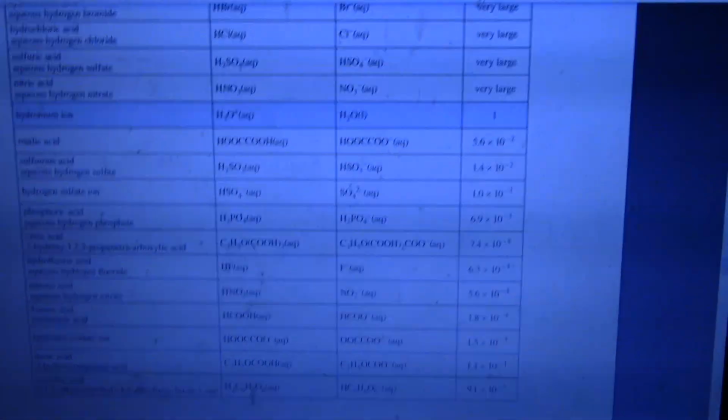But as we look at the top left-hand corner and go down, the Ka starts off large and then gets weaker and weaker and weaker, okay? So that's where we get the acid over base or base over acid.